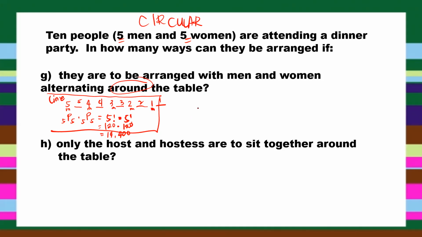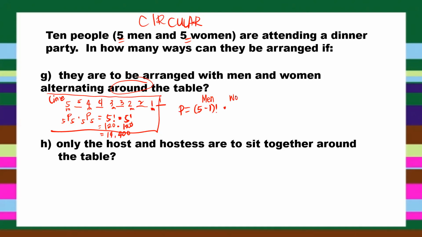Mag-minus ka ng 1. So, isa sa kanila, magbabawas ka ng isa, doon mo ibabawas yung isa sa men or sa women, depende sa'yo. So, in this case, I want to arrange the men first. If I arrange the men first, I will subtract 1. So that's 5 minus 1 factorial.